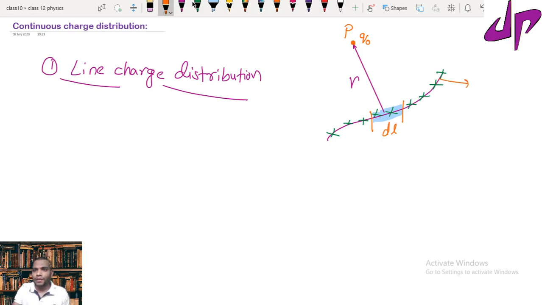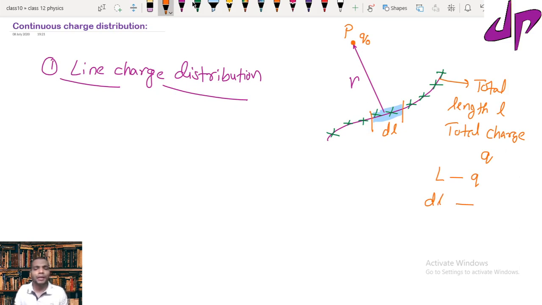Suppose this object has a total length, we can take as L, and total charge as Q. So if the total length has charge Q, we need to figure out what is the charge present in this small elemental length.